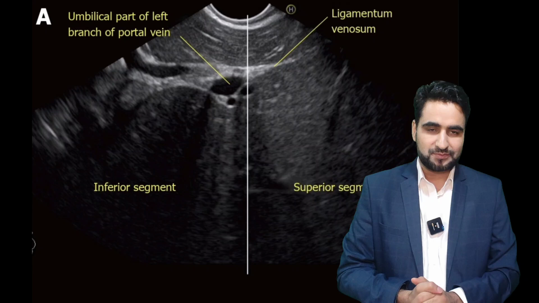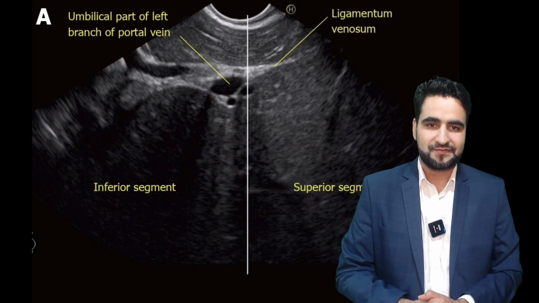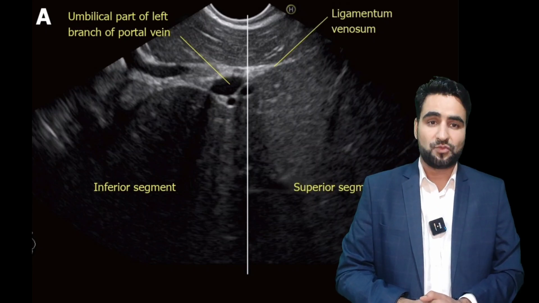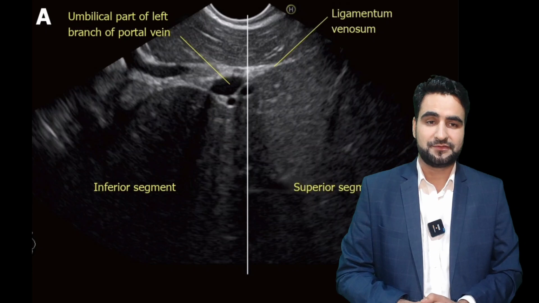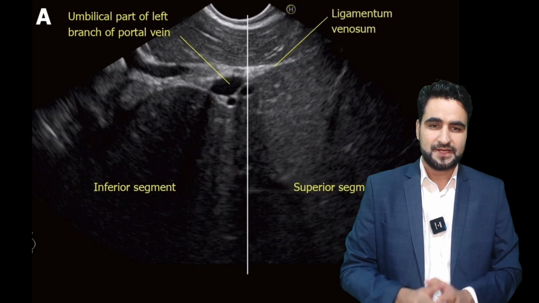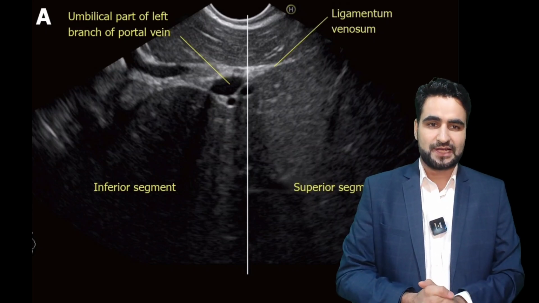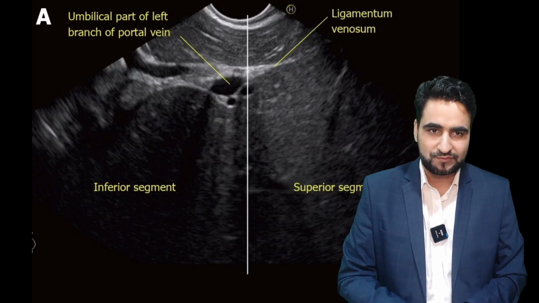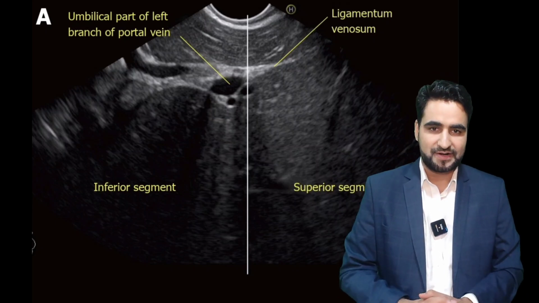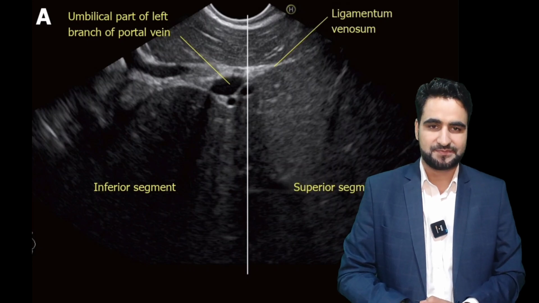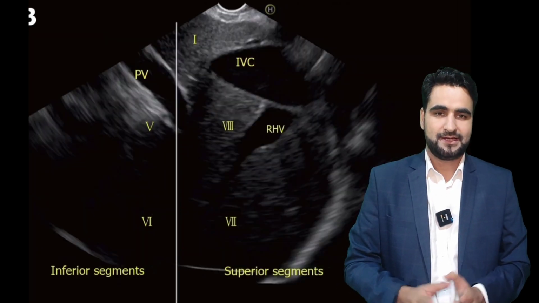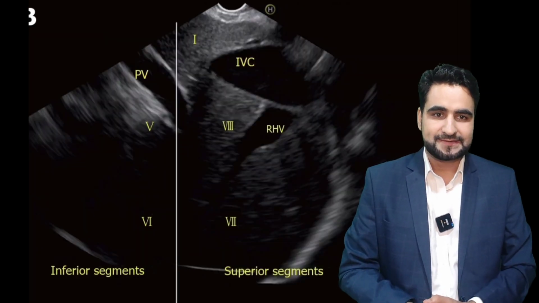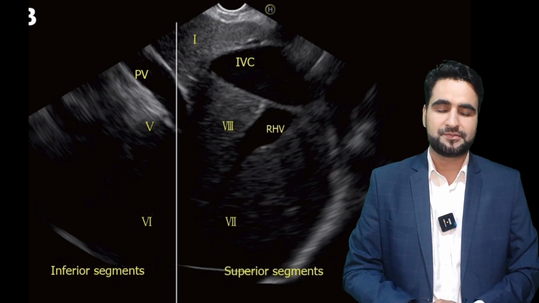The structures above the line are closer to the diaphragmatic surface, while those below are closer to the visceral surface. This image helps you visualize the anatomical equator of the liver as defined by the portal vein, a crucial reference point for segmental classification.